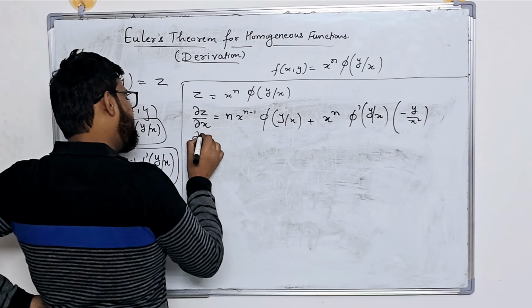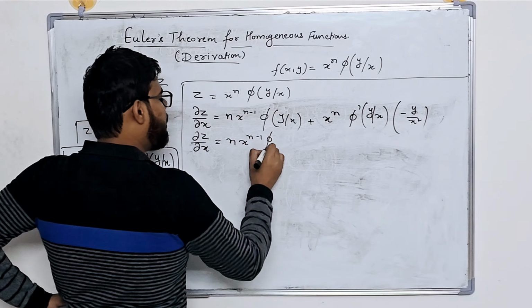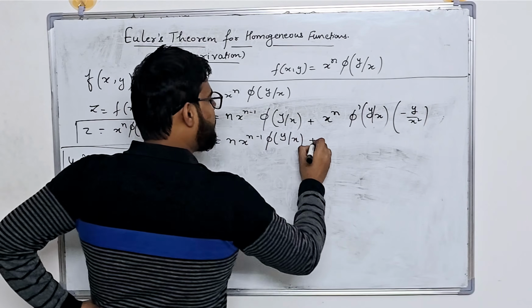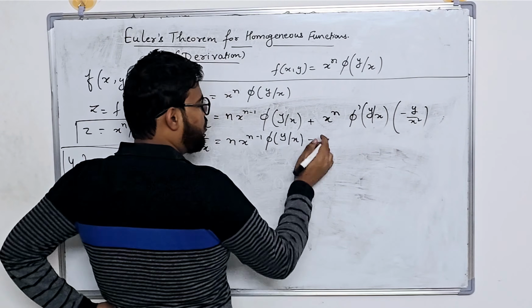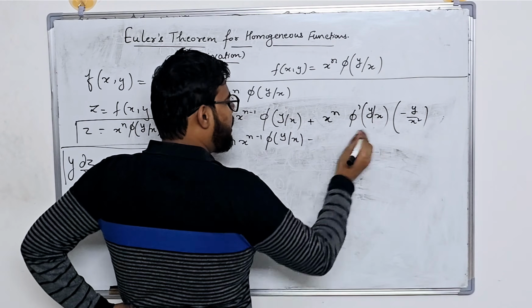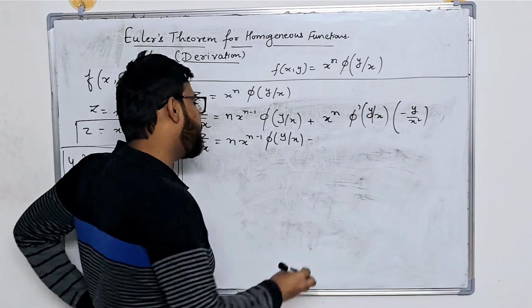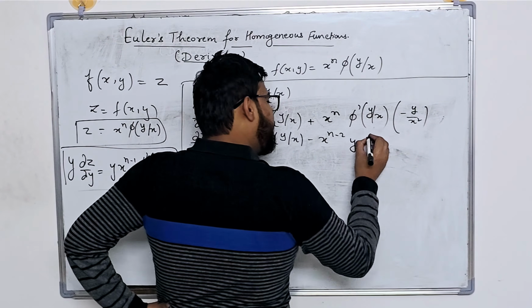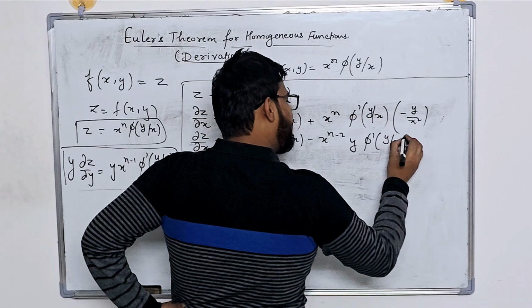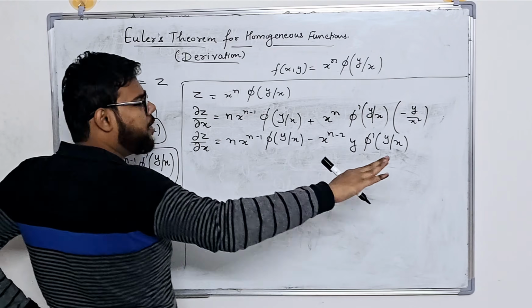So del z by del x is equal to n x to the power n minus 1 phi of y by x plus, or I should say minus, because this minus will go over here, and we get x to the power n by x square, which is x to the power n minus 2, into y phi dash of y by x. You get this thing. Now multiply both sides by x.